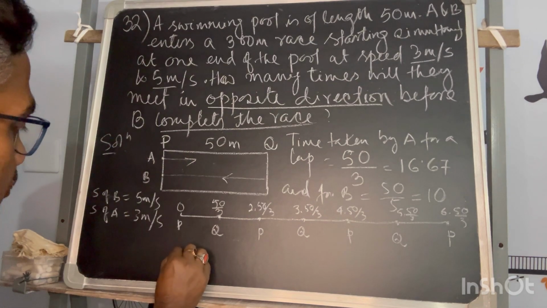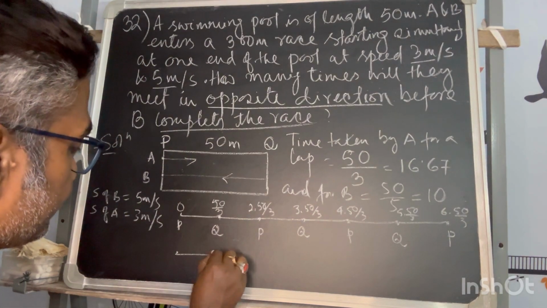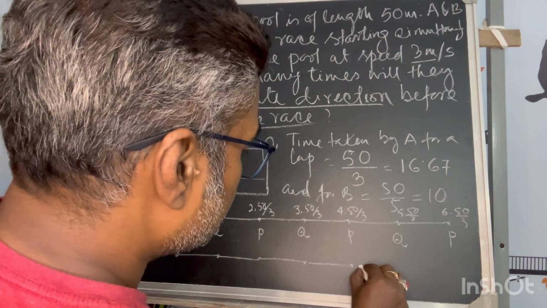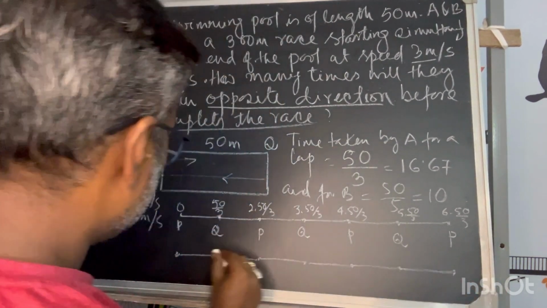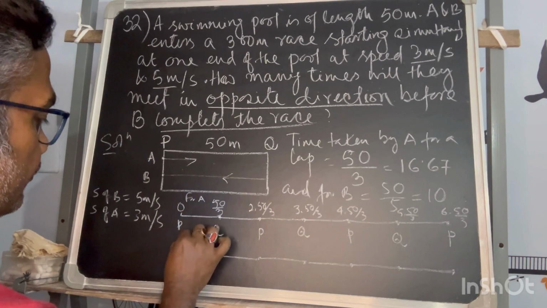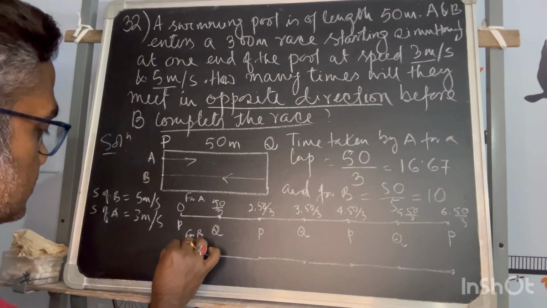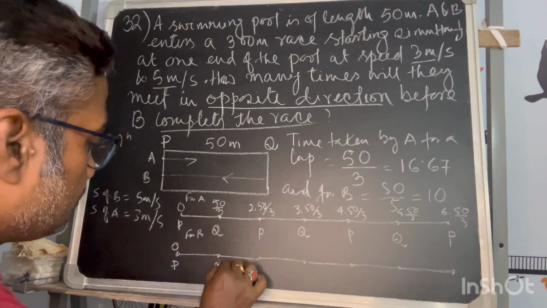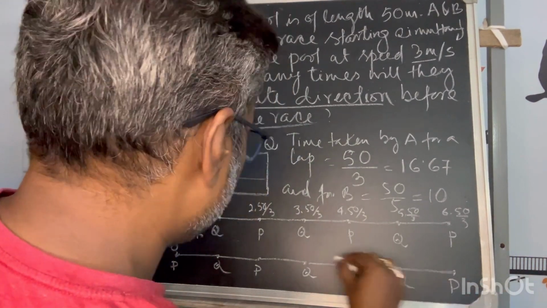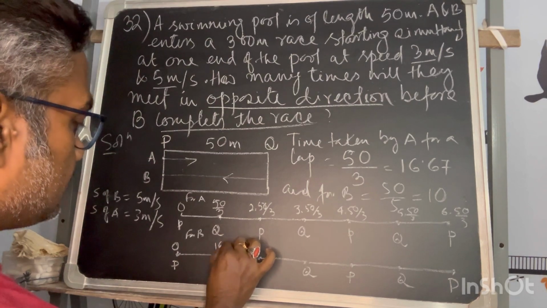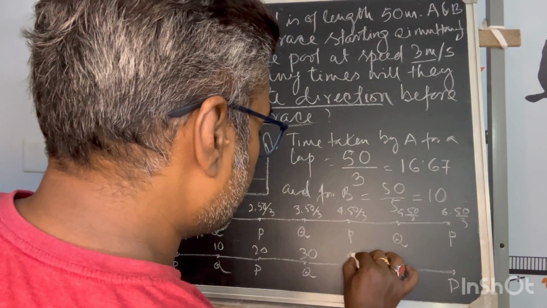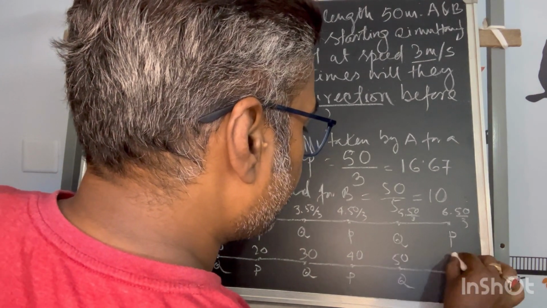And if I draw the similar one for B: 0, P, Q, P, Q, P, Q, P. This is 10, 20, 30, 40, 50, 60.